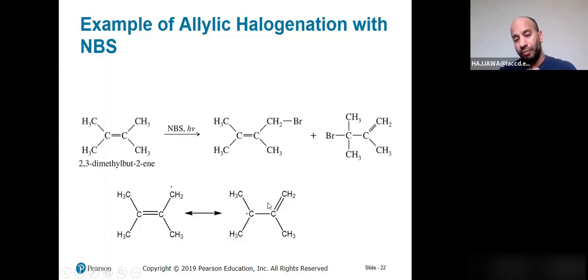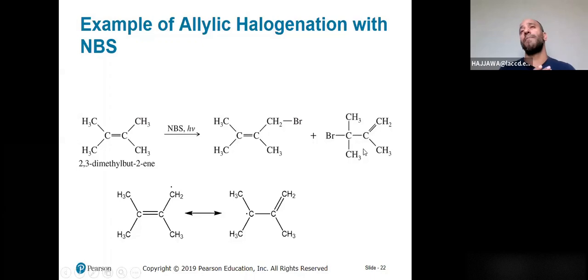These two would be expected to be formed in this reaction, and each of these will react with the Br2, and that's why you end up making two different products. One would be the primary allylic, giving you the primary bromo, and the second will be the tertiary allylic to give you the tertiary bromo. So these are important to mention.